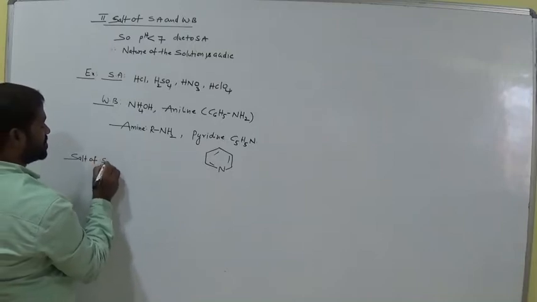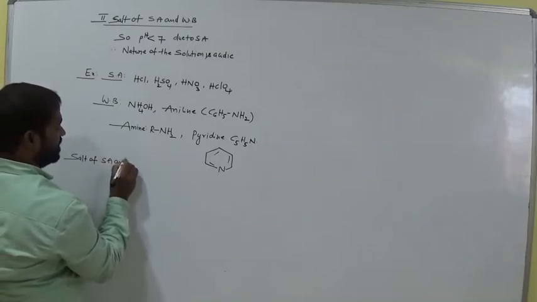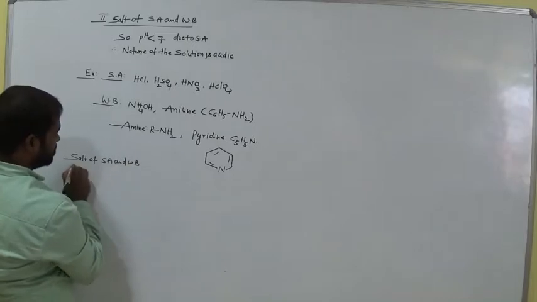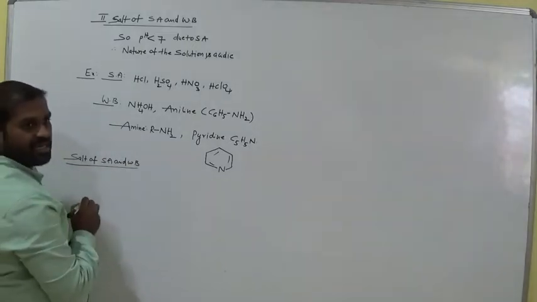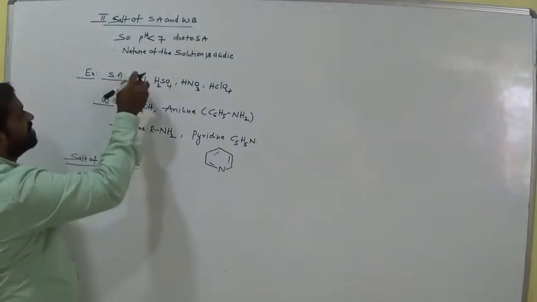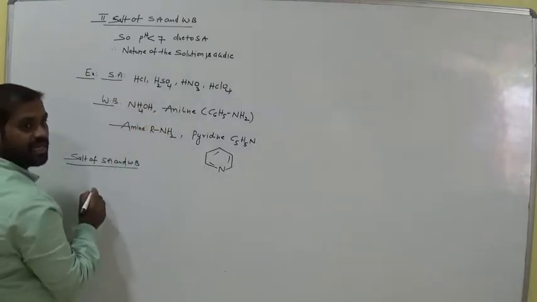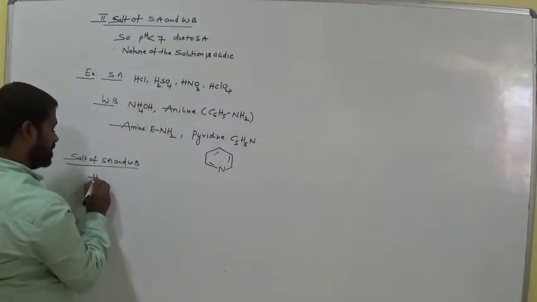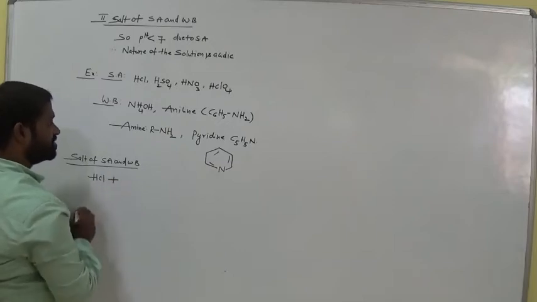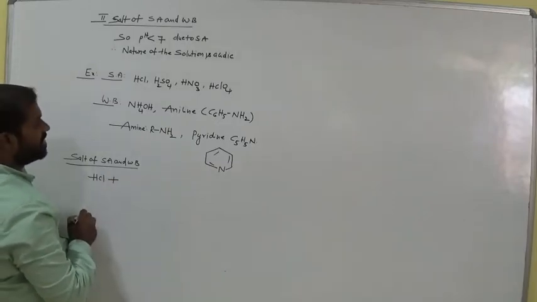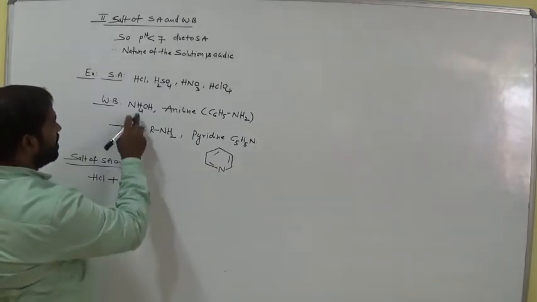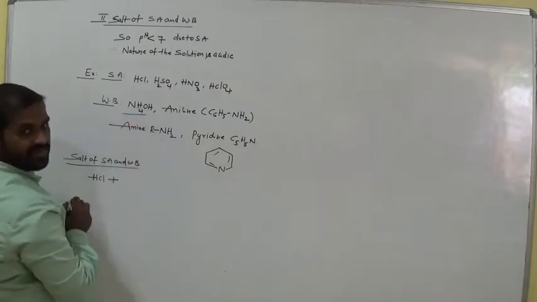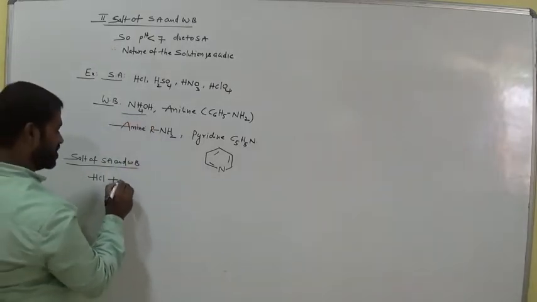Okay. So now salt of strong acid and weak base. Salt of strong acid, weak base means, give me one example for strong acid. I would like to take HCl. Clear? HCl plus weak base. Weak base means ammonium hydroxide is the weak base for your convenience. Ammonium hydroxide.